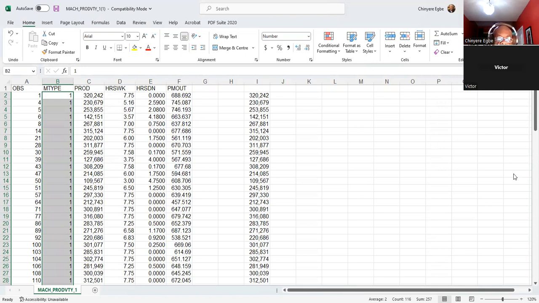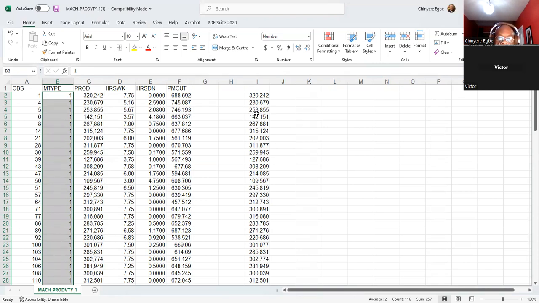So can we at least complete machine type 1 hypothesis test? Yes. Because once you get the per minute output, you get the average and the standard deviation for machine type 1.